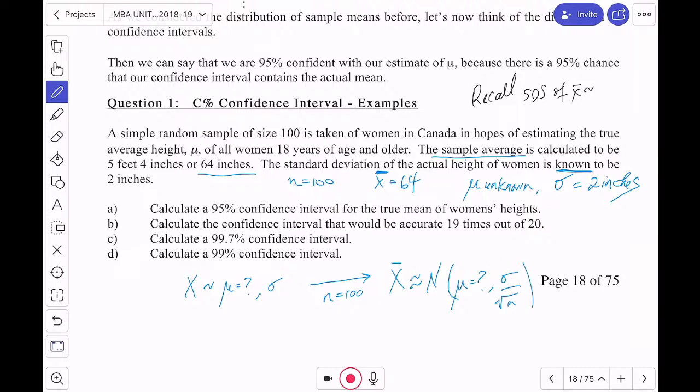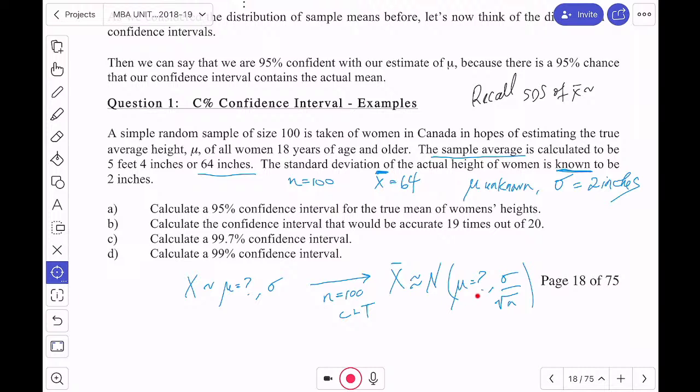Because of the central limit theorem, we're able to make estimates about what mu is. Basically, we're going to use this bridge to go back to figuring out what this is.